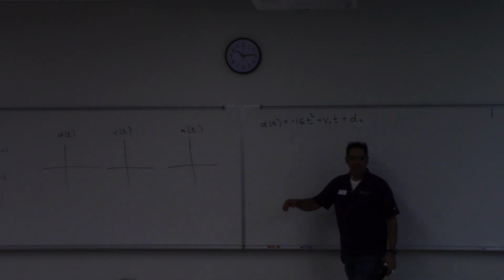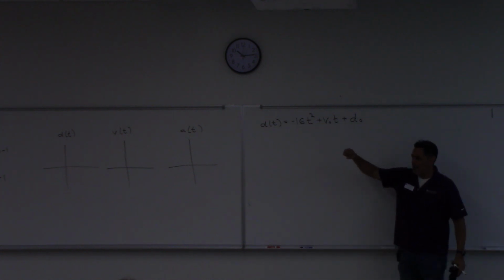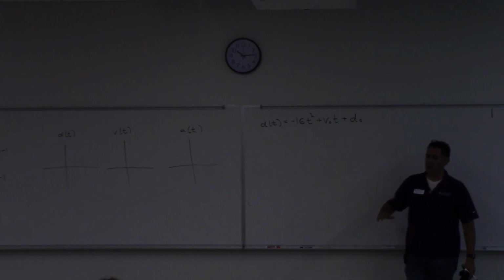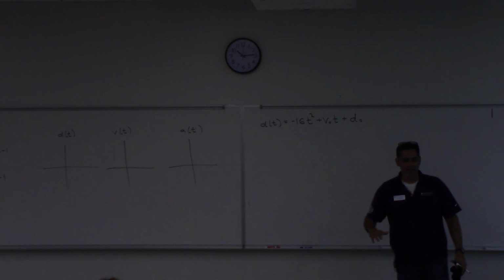If I take an object on Earth and I let it go, it just starts dropping, due to gravity. Gravity is a force, and there's an acceleration, and it's constant on Earth. Does anyone know the acceleration of gravity? 9.8 meters per second squared.